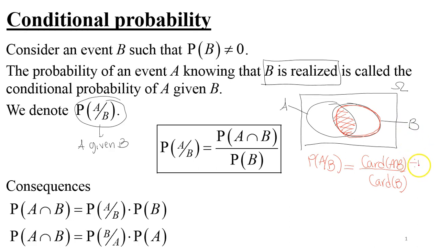Now divide both numerator and denominator by the cardinal of the sample space.